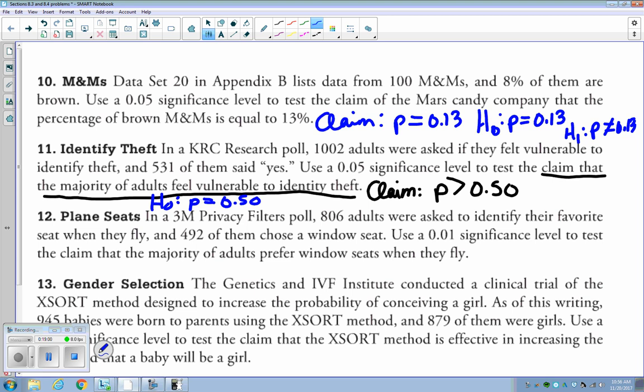And because the claim does not have equals in it, I'm going to use this as my alternative hypothesis. Remember we created that slide together, to help determine what that alternative hypothesis is. It did not have equality in the claim, so that claim becomes my alternative. Okay? So this is identity theft.